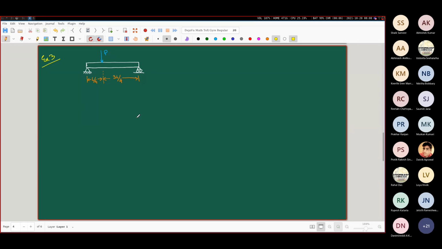This is the reason I'm asking you this. Find the reaction forces. So tell me quickly what are the reaction forces at the left end and the right end. If I draw the free body diagram of this beam, removing the supports, it's going to look like this.